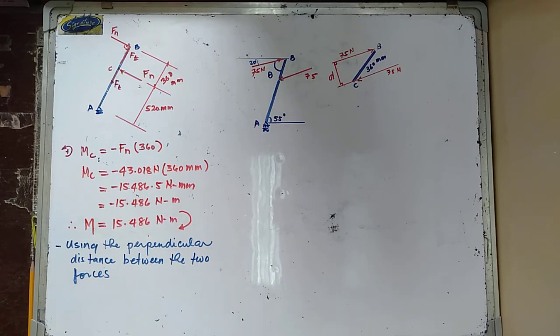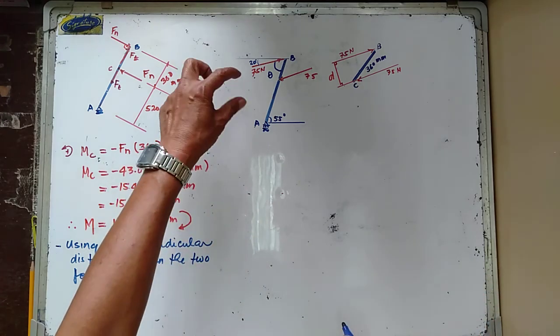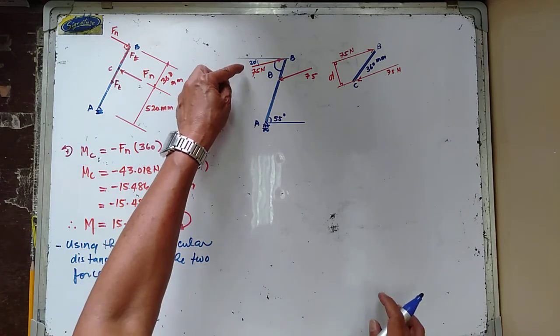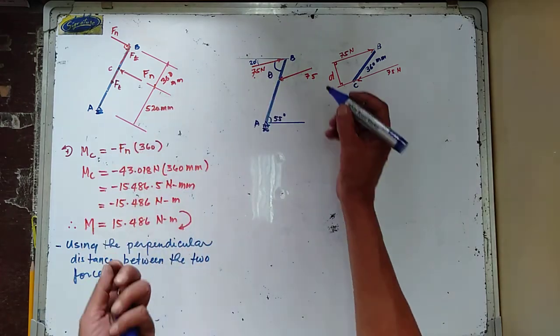Okay, next is using the perpendicular distance between the lines of action of the two forces. So we have the couple, 75 newtons and 75 newtons.